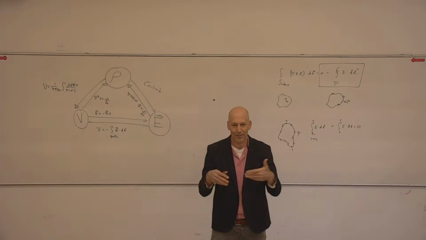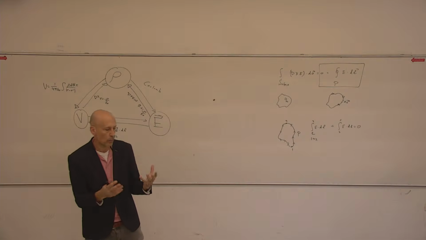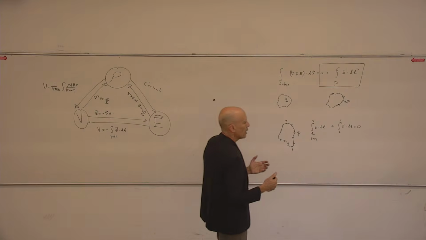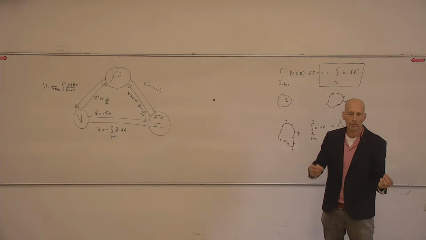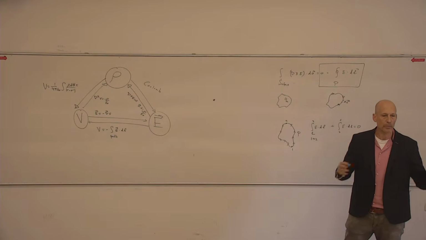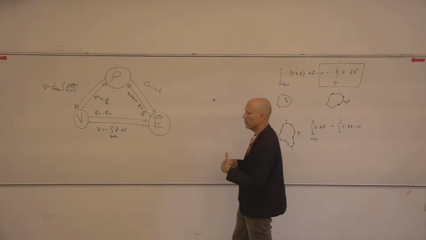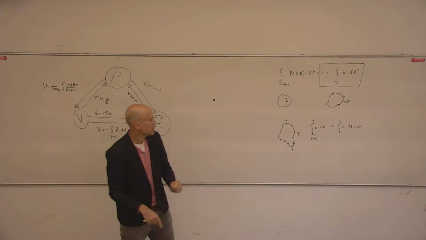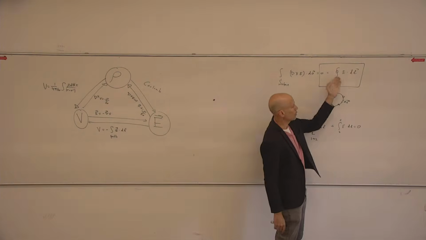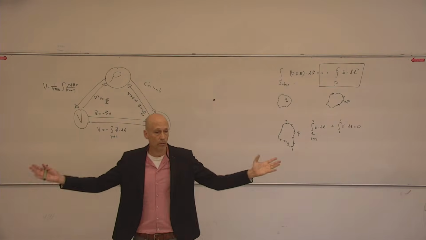Not prove, just try to understand why the field lines give you this, or why it's obvious. After I looked at the single charge, I can use the superposition principle. So if I have many, it doesn't matter. It's enough to look at a single charge, and if the electric field satisfies this, E·dl equals 0 for one charge, then you add another charge, it also adds, and then you're done, right?